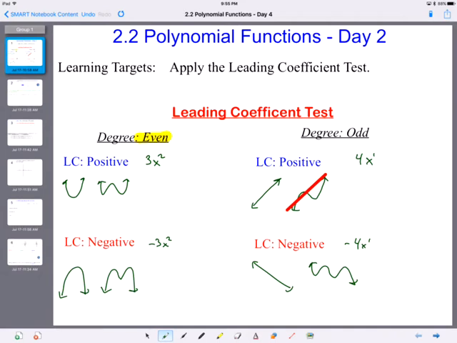Okay? So your leading coefficient test is talking about the leading coefficient of your polynomial, and then the degree is the highest exponent of that polynomial. So knowing those things, you kind of create this little table here of the different possibilities that you can identify about the graph just based on the degree and the leading coefficient.